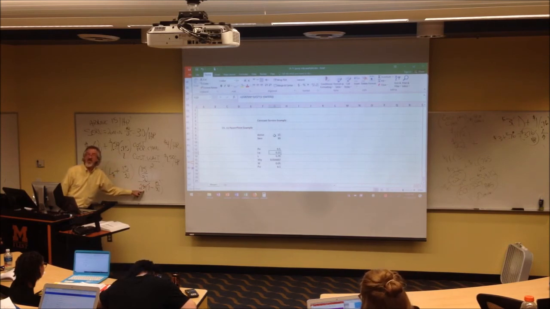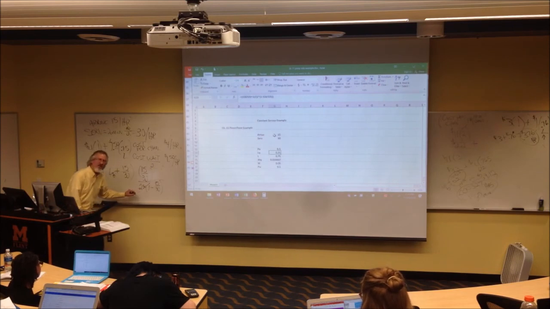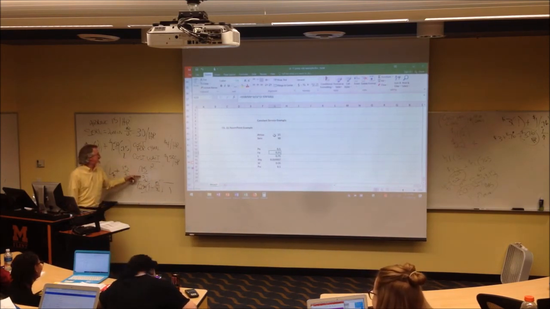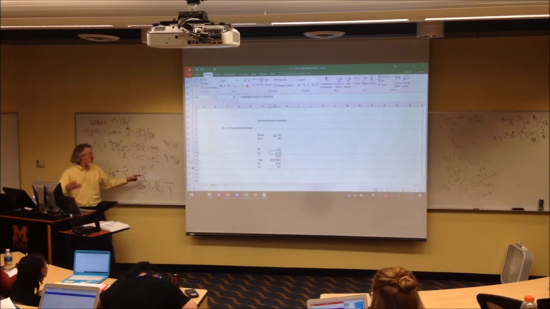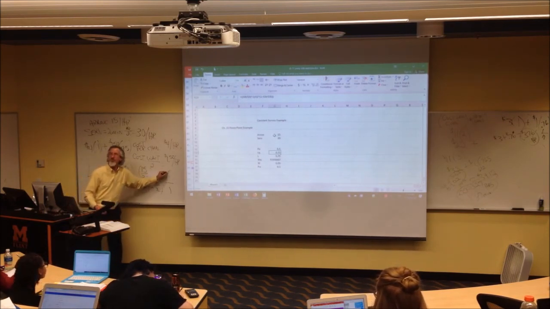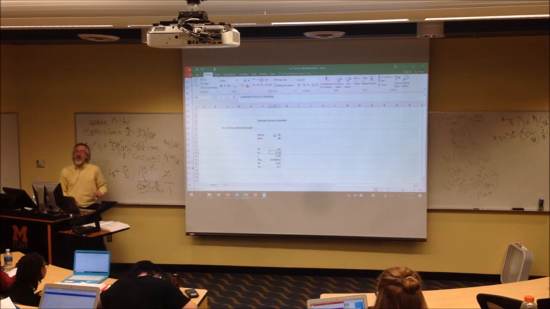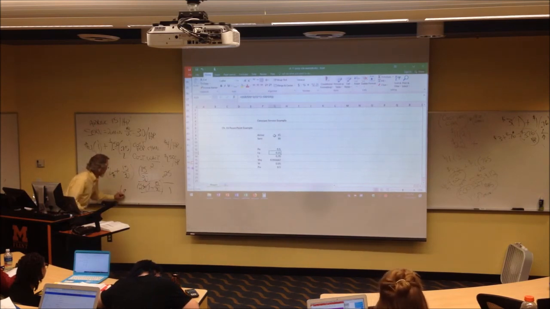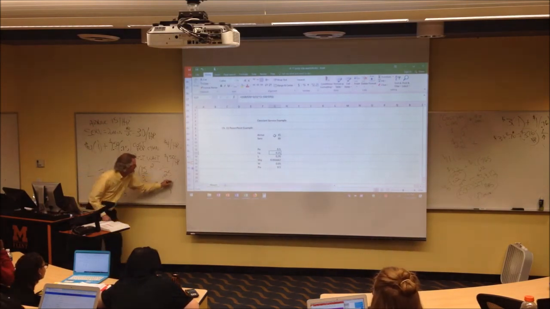Times 2 is... not all ones. This is 1. This turns into a 1. And 15 divided by 30 is 0.5. 0.5 squared is 0.25. 0.25 divided by 1, help me out. 0.25. So L sub Q equals 0.25.